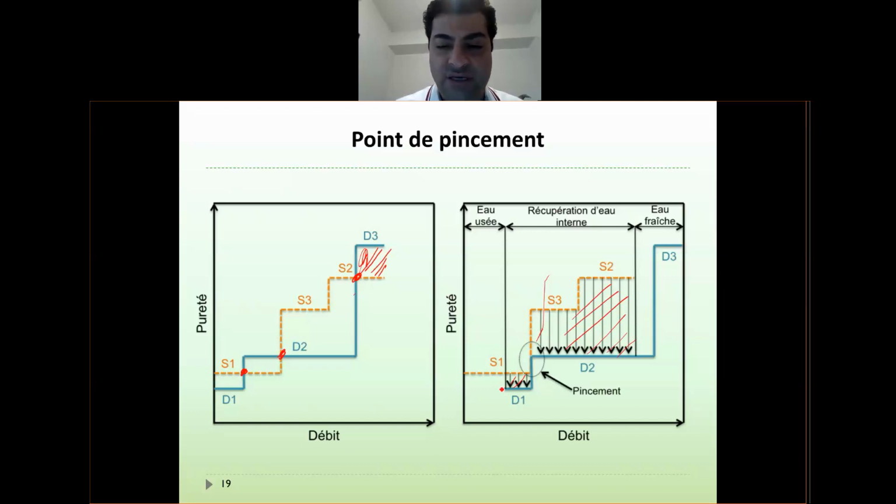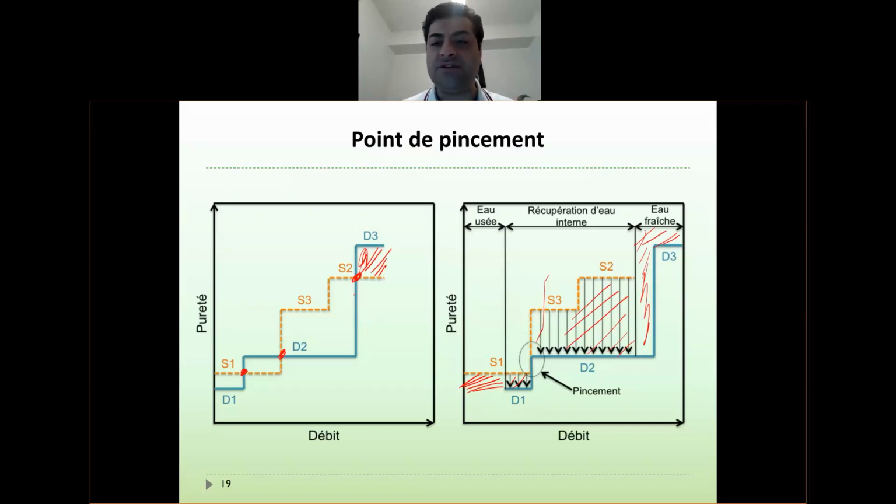One zone is here, so you end up with a kind of OUZ or wastewater. So you have just a wastewater, and for this zone, you need fresh water to supply the water for stream D3.